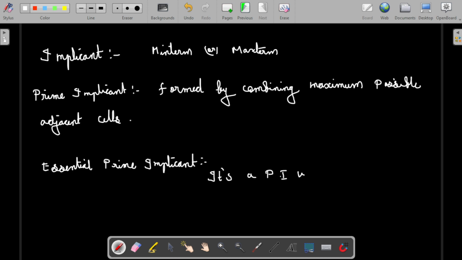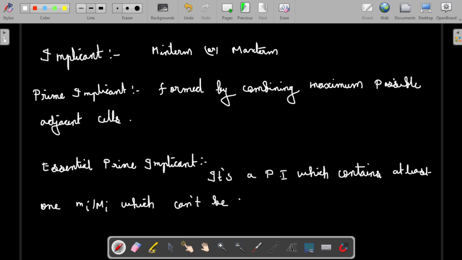So it's a prime implicant which contains at least one minterm or maxterm, let me represent as MI, one minterm or one maxterm which cannot be covered by any other prime implicant, that is PI.